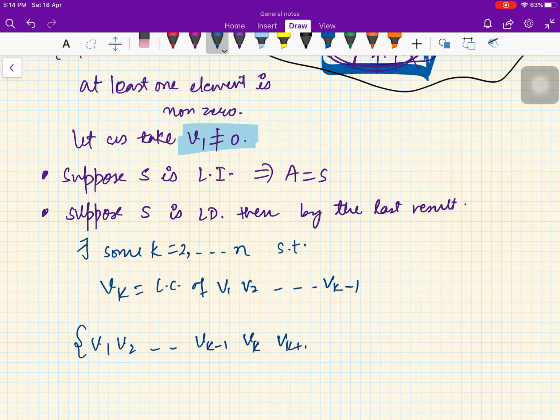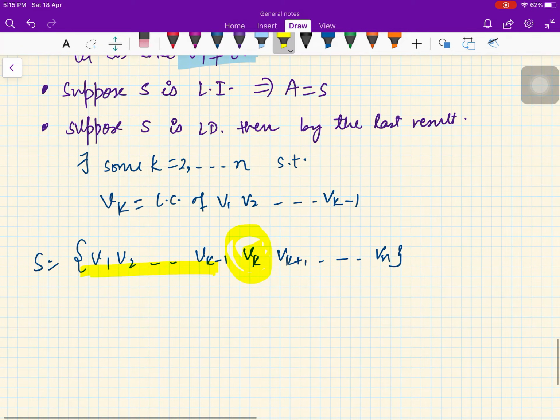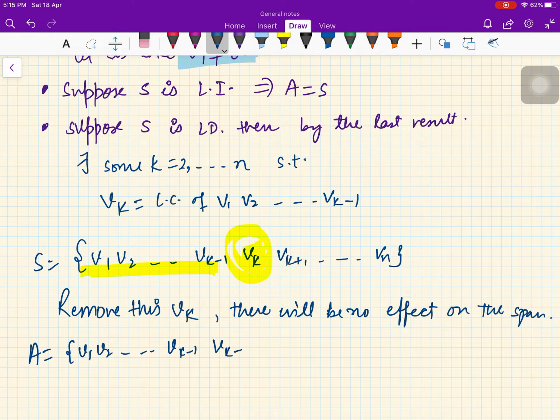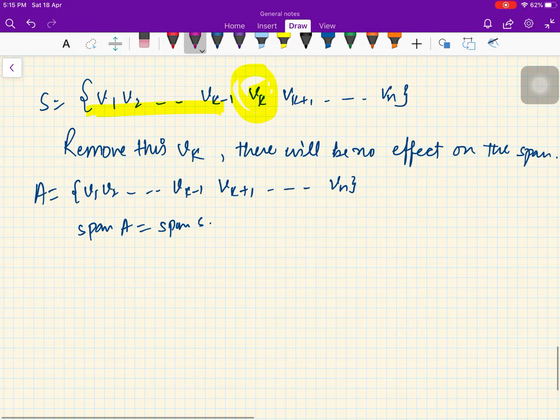It means that in S, which is v1, v2, ..., vk minus 1, vk, vk plus 1, ..., vn, you can remove this vk and the span will be the same, because anyway it is a linear combination of these. So removing vk has no effect on the span. You have a smaller set A, v1, v2, ..., vk minus 1, vk plus 1, ..., vn, and obviously the span of A is the same as the span of S.